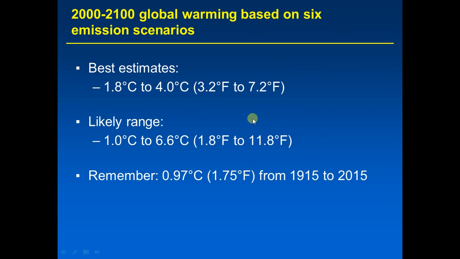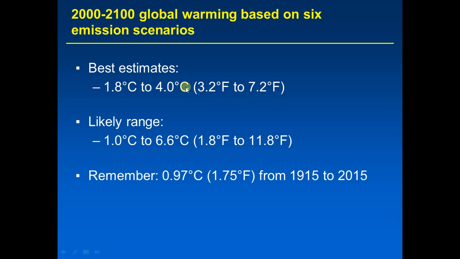So just recognize that temperature is going to keep going up, and best estimates are at a significantly faster rate than what it did during this 100-year period. And it tends to be likelier that the actual global temperature increase will be at the higher end of this range, because, at least for now, it's more likely that the world would follow, say, an A2 or an A1FI scenario than a B1 scenario.